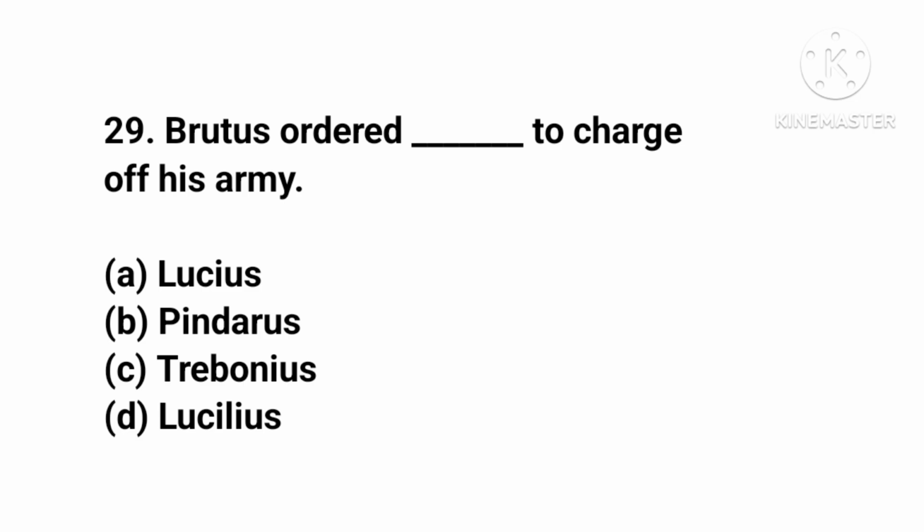So now Cassius and Brutus are asking a few people to charge off their army, to remove their army from the place where Brutus's tent was set, because Brutus does not want the army to hear the conversation he has with Cassius.